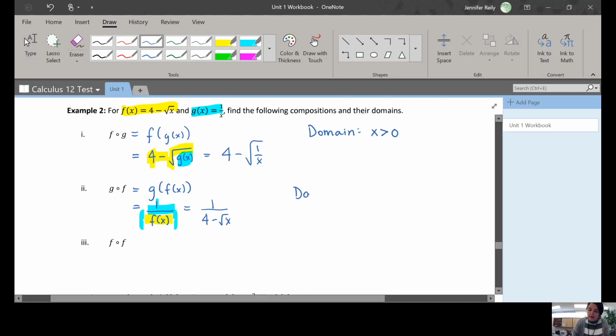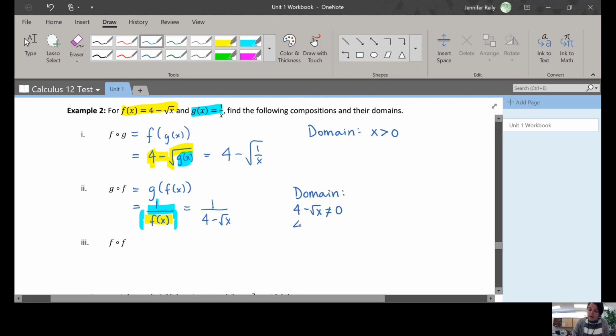And the domain here, well, first of all, there's two things going on. We have the square root, so the x has to be greater than or equal to 0. But also there's going to be one x value we are not allowed to have. So we cannot have 4 minus root x equaling 0 because then we're dividing by 0.